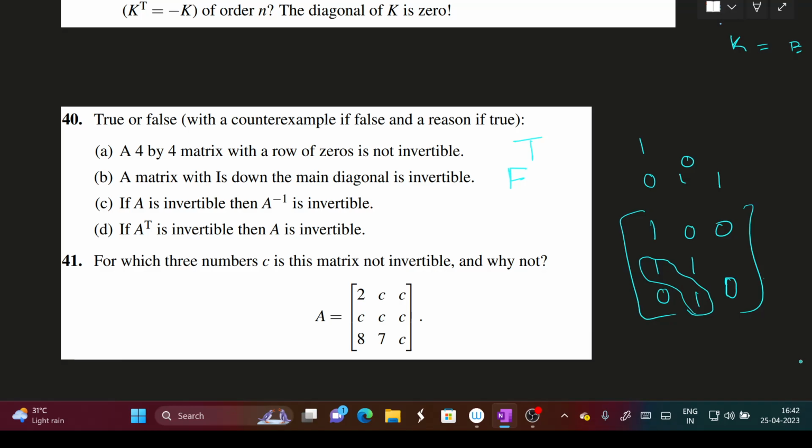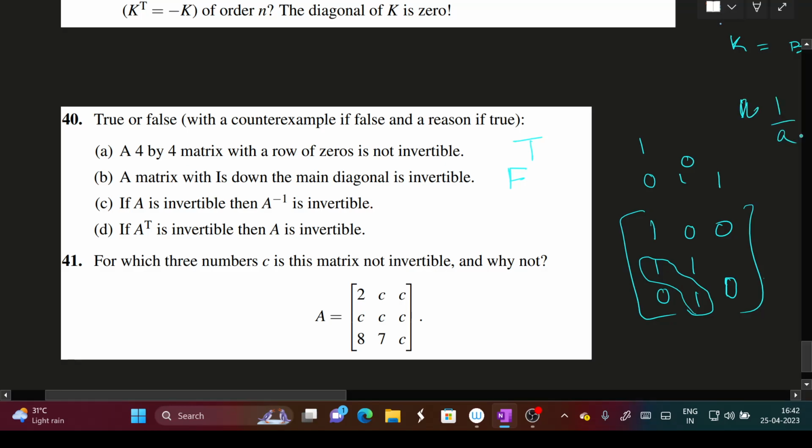So if A has all non-zero pivots, then all the pivots of A inverse are also non-zero, being reciprocals. For example, suppose A has a pivot a, then 1 by a will be the pivot of A inverse. So if A is non-singular, then A inverse is also non-singular.